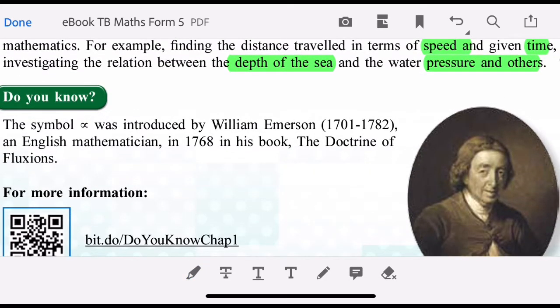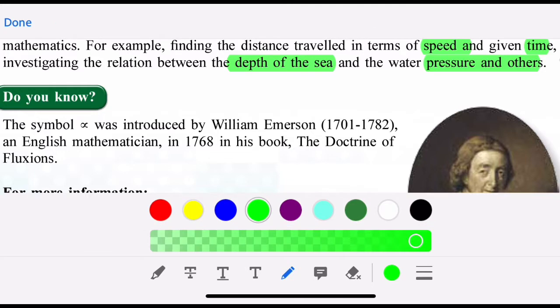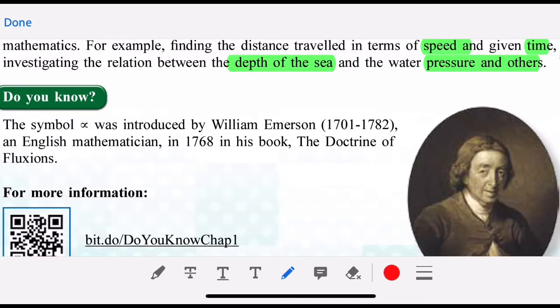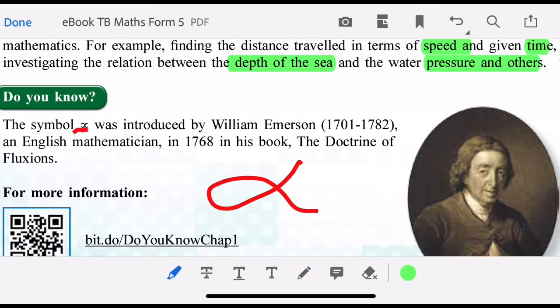Do you know the symbol was introduced by William Emerson? Guys, have you ever seen this symbol? It looks like the awareness of the health, right? For more information, you may scan the QR code.